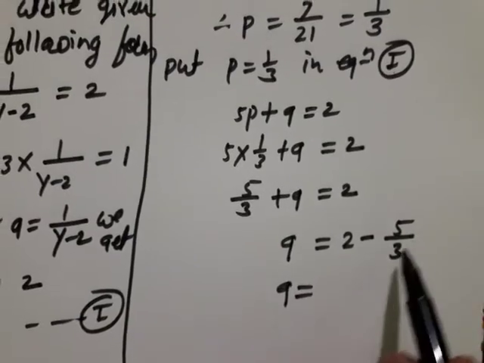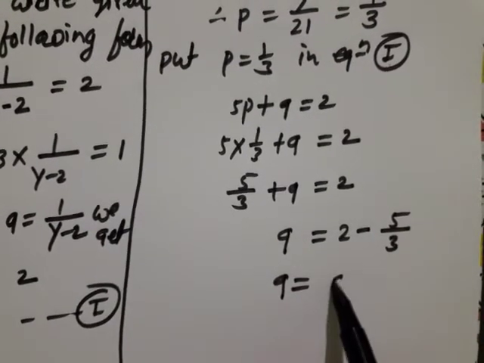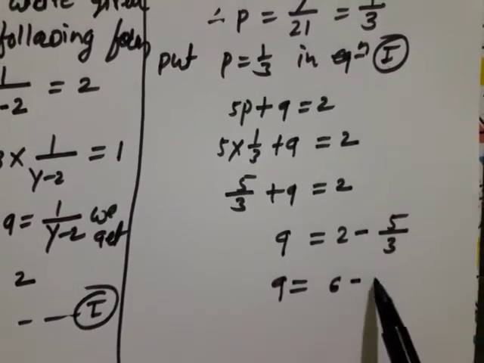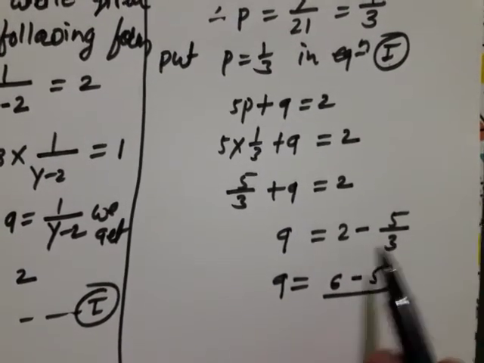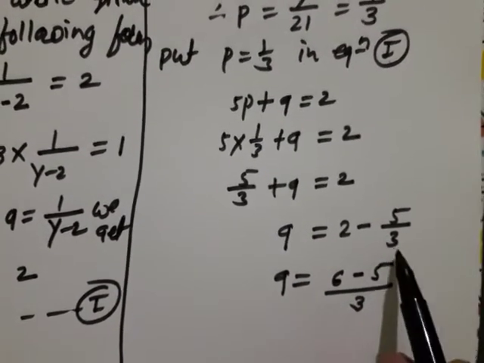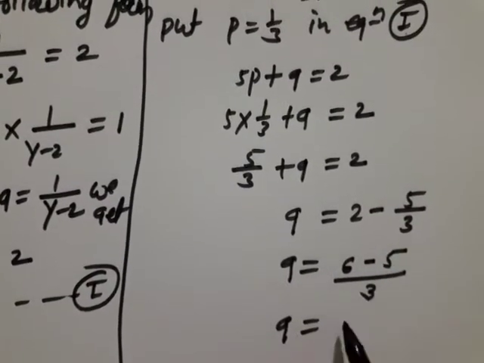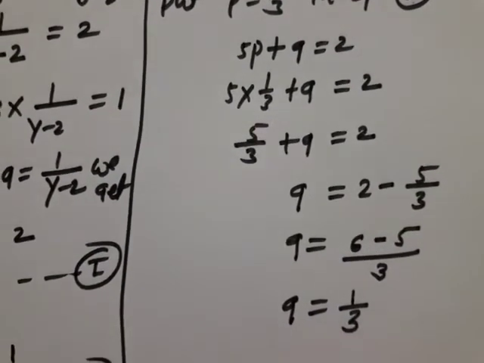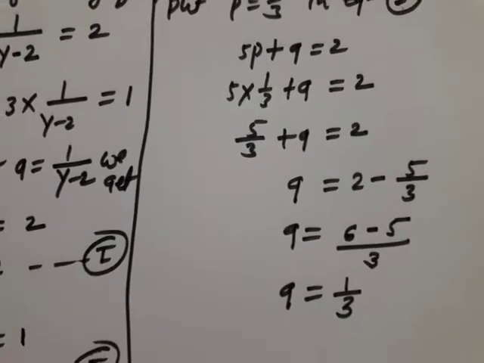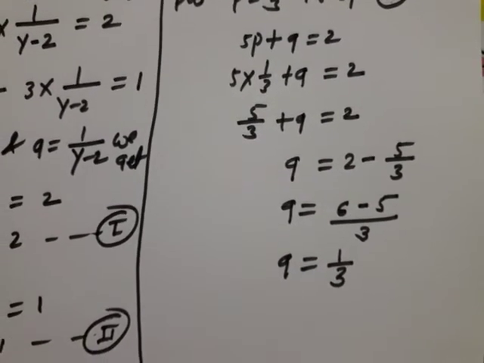Q is equal to cross multiplication. 3 into 2, 6. Which sign? Minus. Here 5 divided by 3 into nothing means 1. 3 into 1, 3. Q is equal to 6 minus 5, 1 divided by 3. What have we got? 1 divided by 3.